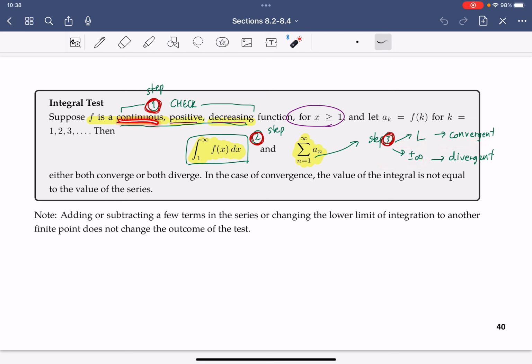Continuous, you don't have to check because most functions are continuous. Positive is easy to check, and decreasing is sometimes easy to check, so you can skip it. But if it is not easy to see that the function is decreasing, you probably need to show it by differentiating one time.